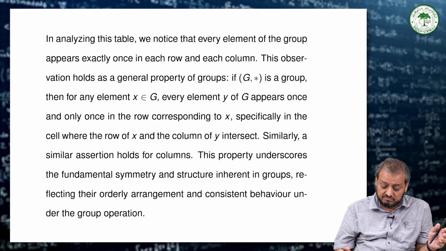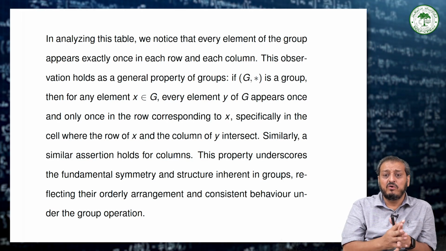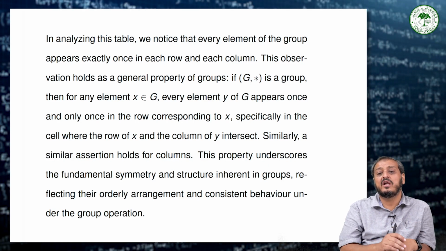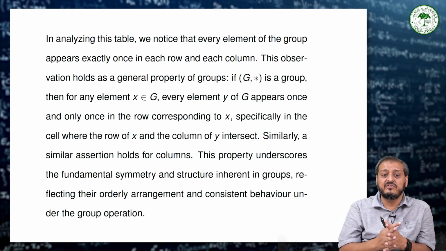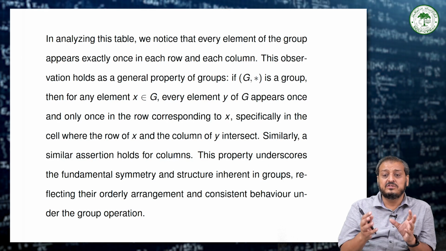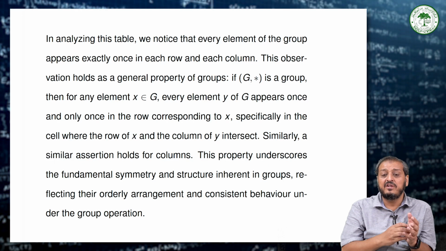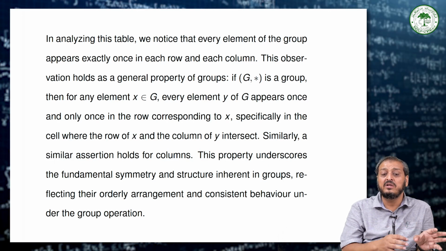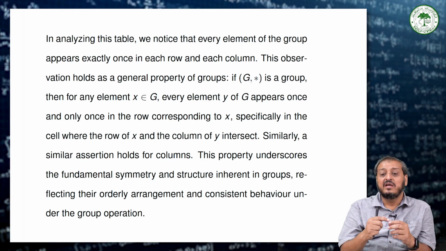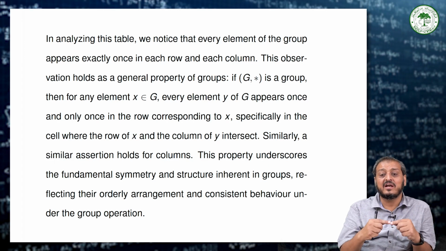Okay, so now, analyzing this previous table, we notice that each element of the group appears exactly once in each row and column. This observation holds as a general property of a group. If G under the binary operation is a group, then for any x belonging to G, every element y of G appears once and only once in the row corresponding to x, specifically in the cell where row x and column y intersect.